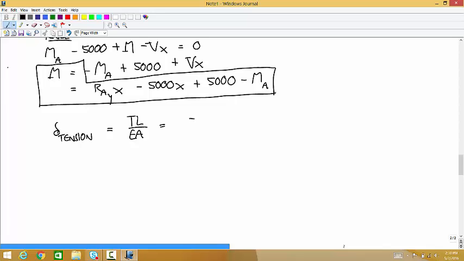And so that's equal to negative RAX times the length, which is 4. E is 100 times 10 to the 9. The area is 0.002. And so can someone calculate those numbers, get a coefficient for that?